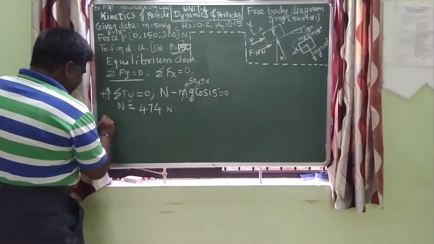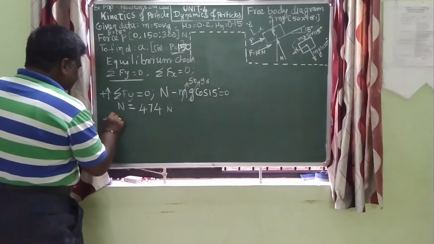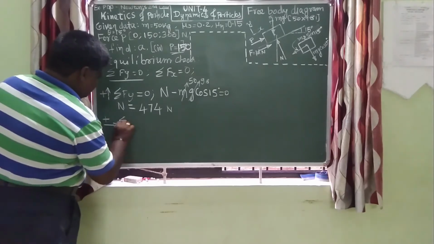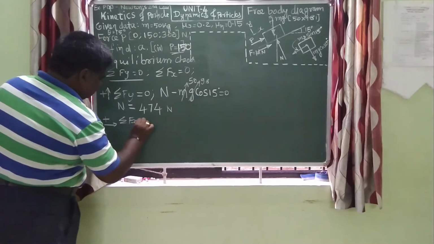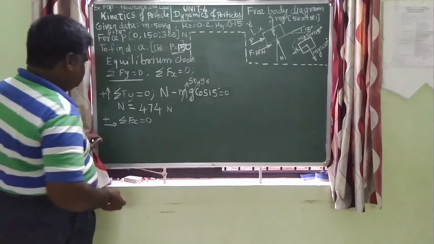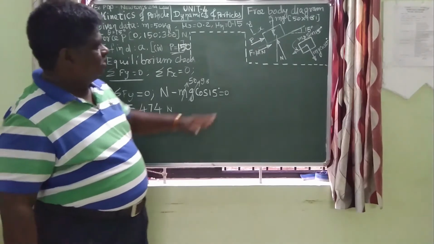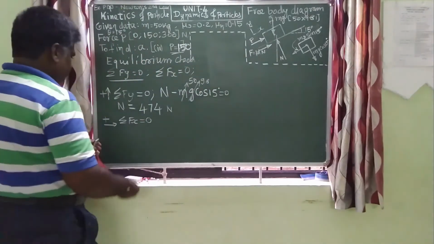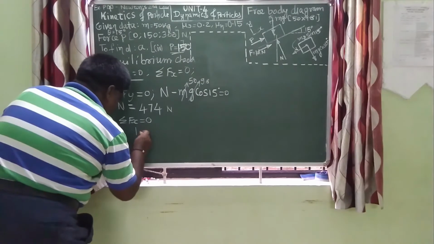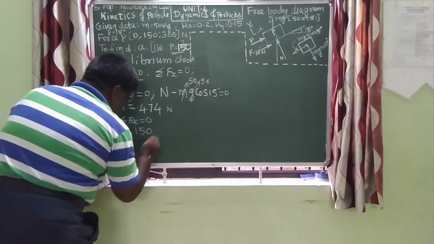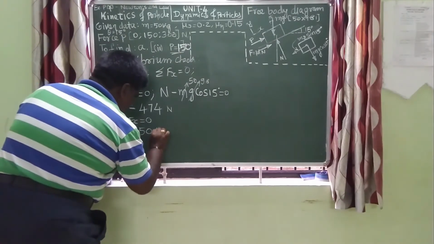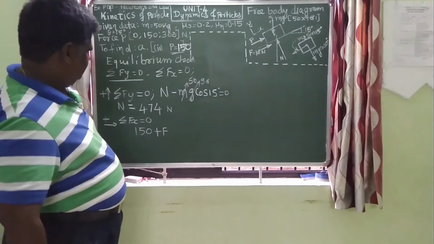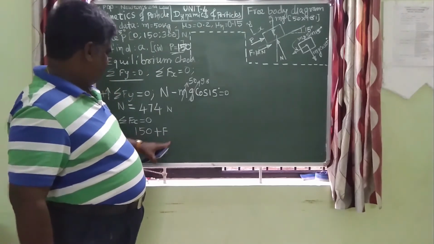Repeat the same procedure in the x direction. Summation of Fx equal to 0. What are the forces acting along the x direction? One is the external force, that is 150, plus F, the additional force under the static condition.